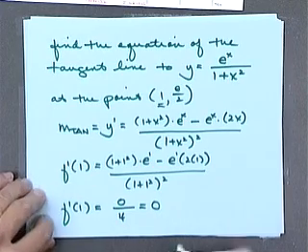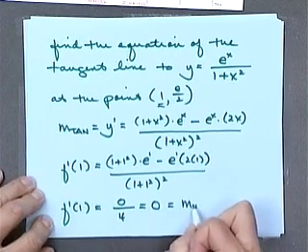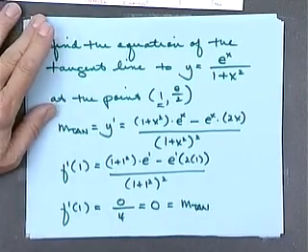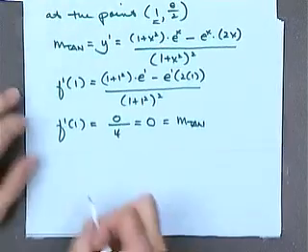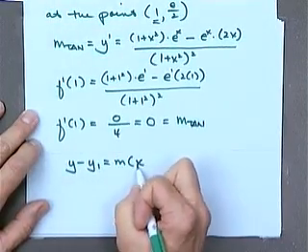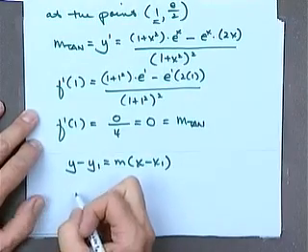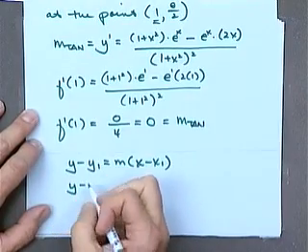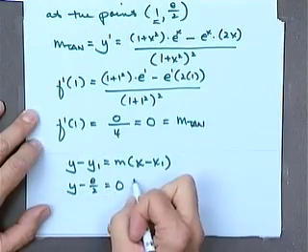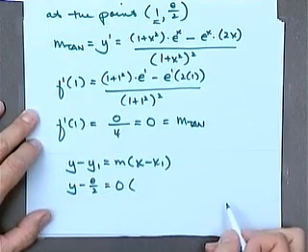So if the slope of the tangent line is 0, we've got a pretty easy task ahead of us. Y minus the known y value is slope times x minus the known x. Y minus e over 2 is slope. It really doesn't matter what else we write down, right?